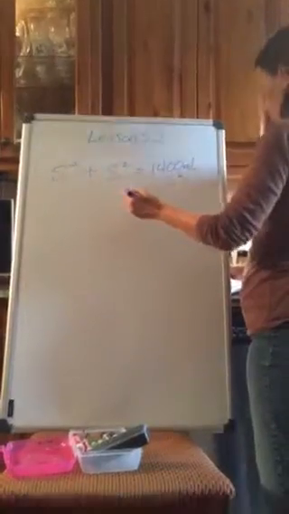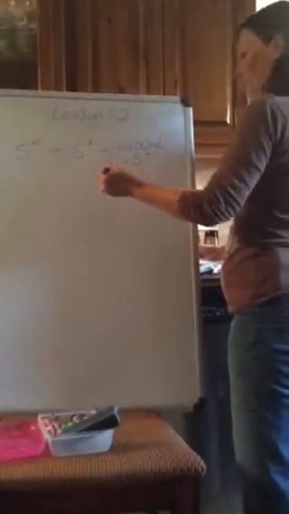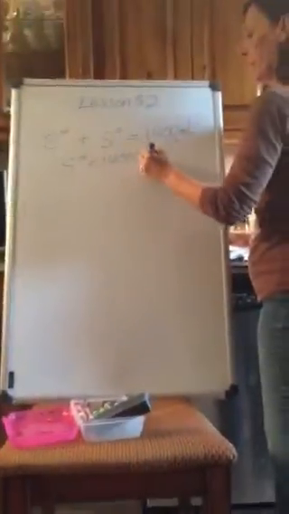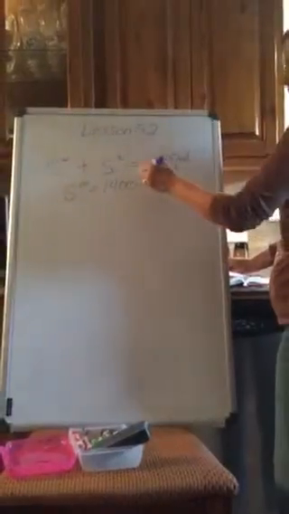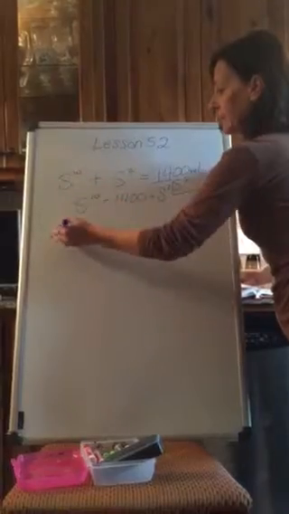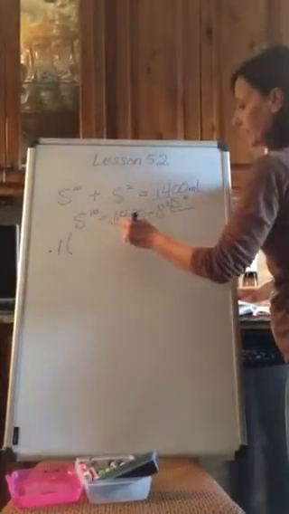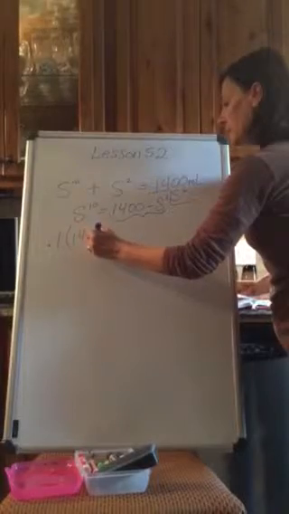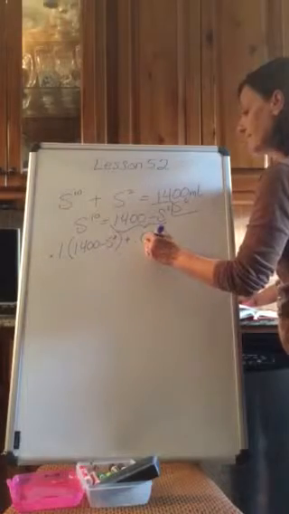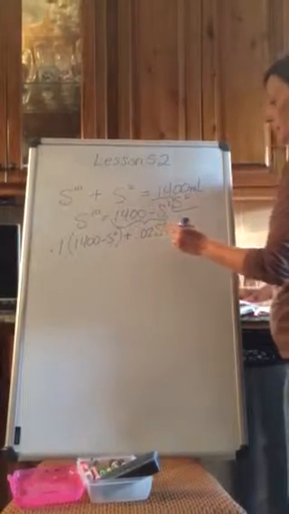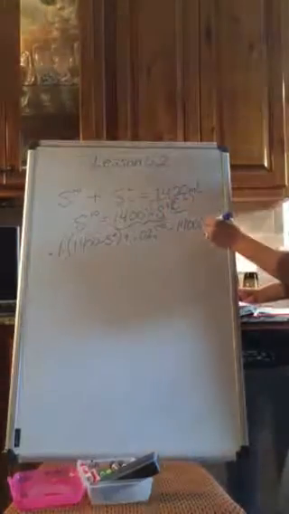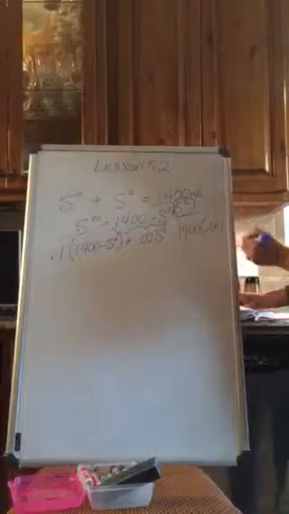So I can solve for one of these, and I'm going to solve for salt 10 equals 1,400 minus salt at 2%. And I can plug it in because I have the 10% times the salt of 10, which is the 1,400 minus the salt at 2%, plus 2% times the salt at 2% equals the 1,400 milliliters, and I want to end up with the salt at 6% times 0.06.